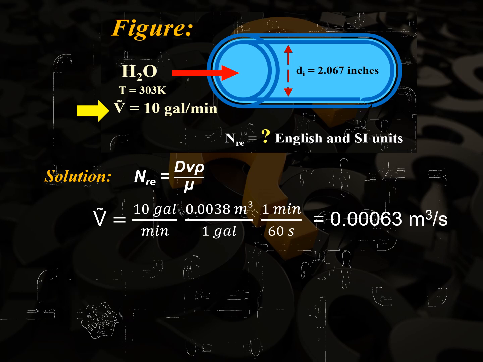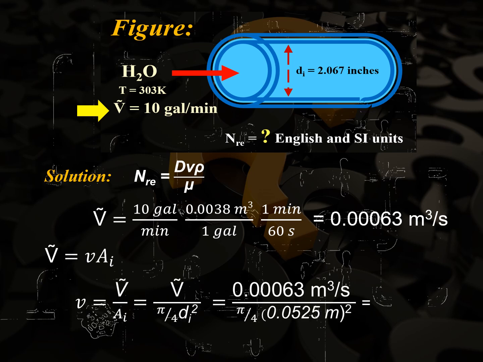So, for velocity, we rearrange the equation of the volume. And so we have now the volume equals V times area, and velocity is therefore volume over area. And knowing that the cross-sectional area of the pipe also is pi over 4 d squared, we get a velocity of 0.291 meters per second.